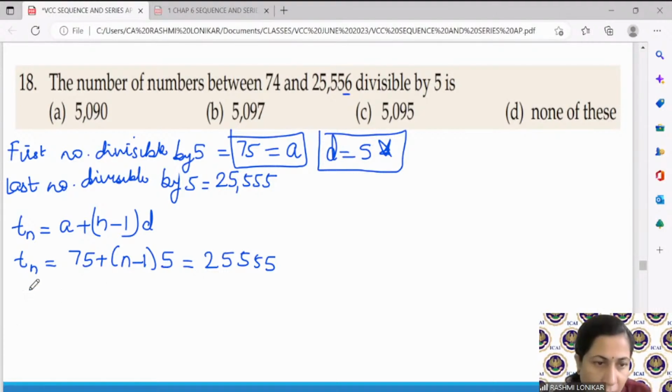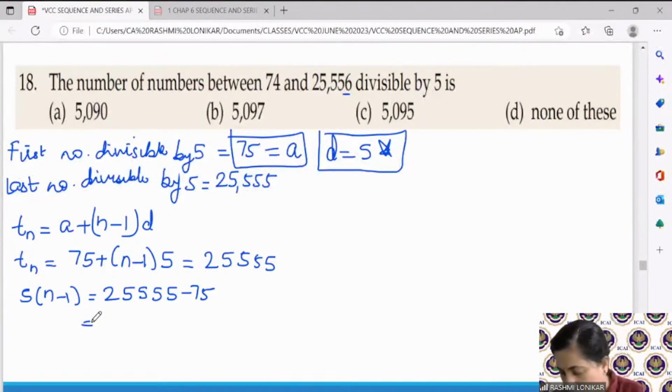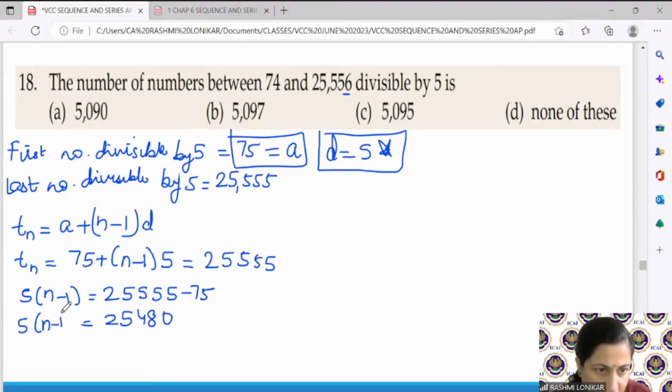So 5 into n minus 1 is equal to 25555 minus 75, which is equal to 25480.